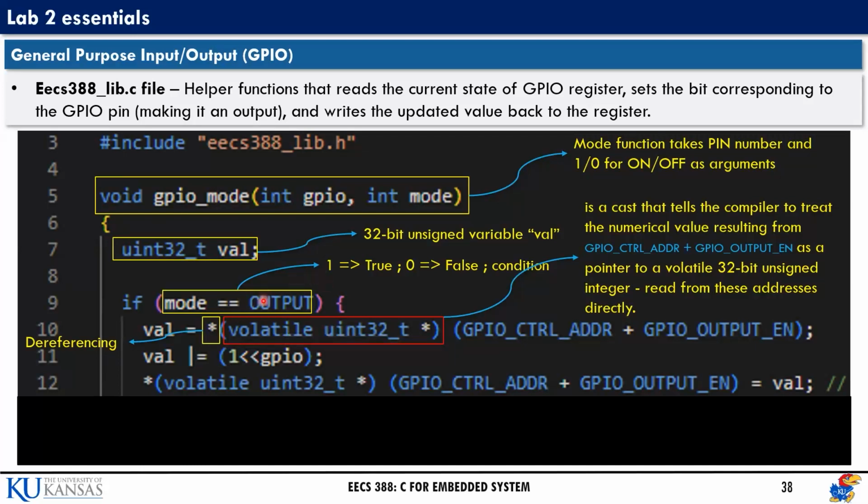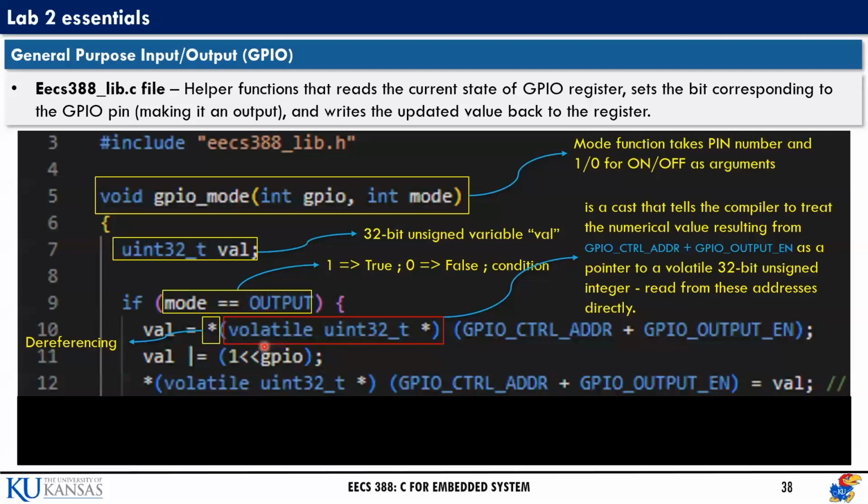We are getting the value from this memory address, and we are casting it as a uint32_t volatile variable. Because we declared val as a 32-bit unsigned variable, we want to convert whatever we're getting from this memory location also as a 32-bit number. We are using the volatile term here because during execution of this program, the value of this address can change anytime.